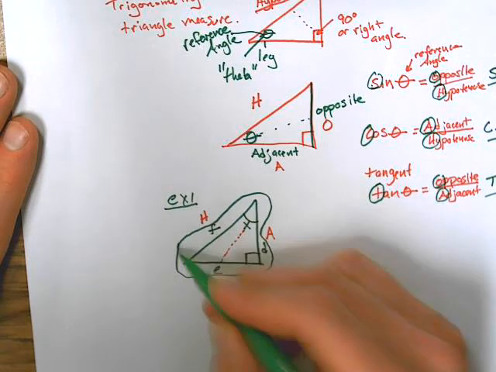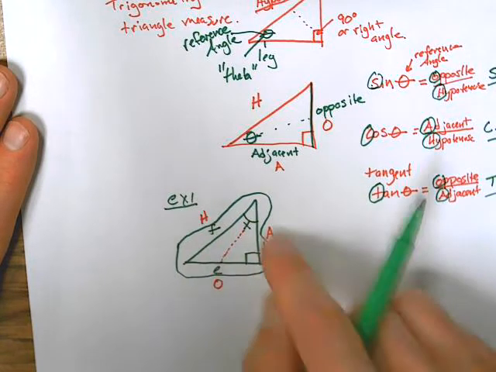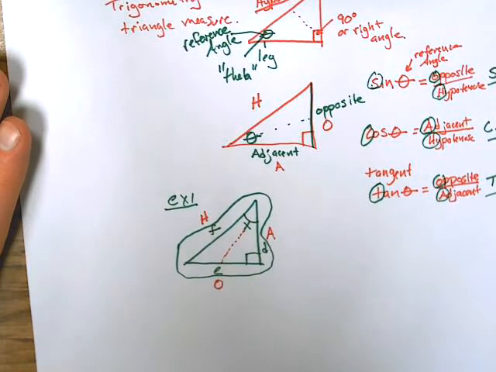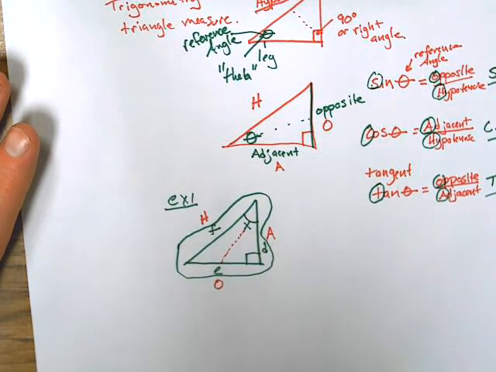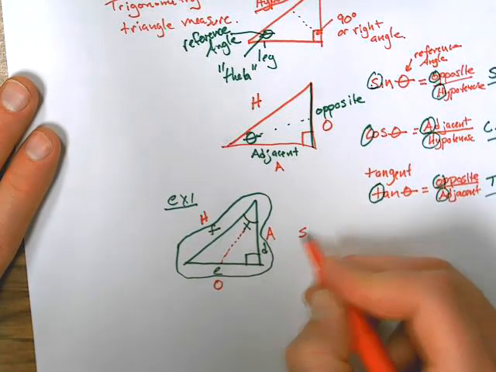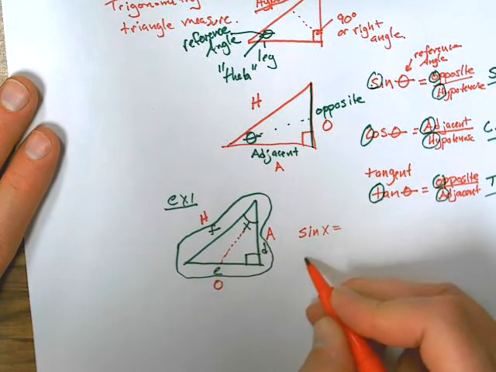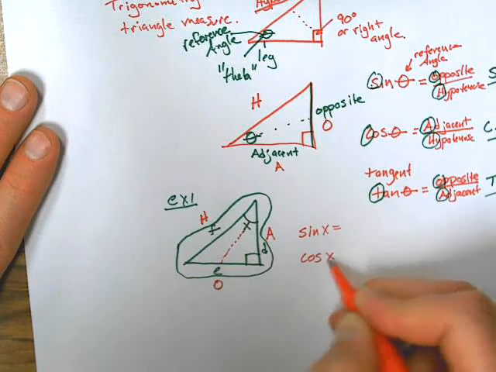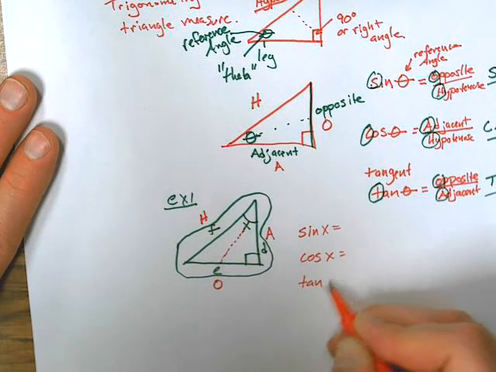And I labeled the red A, H, and O to help me with the problem. And so all you're going to need to do is figure out what the sine of x is, the cosine of x is, and the tangent of x is.